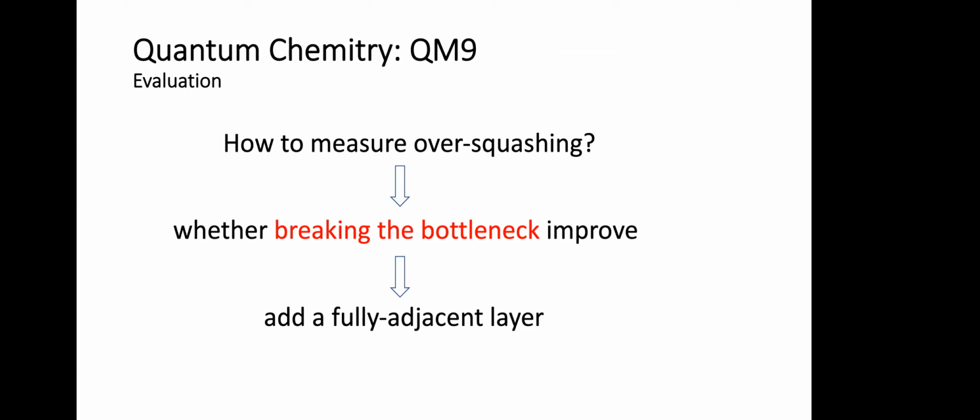They took the tuned models from the previous work and modified the adjacency in the last layer, which means given a GNN with K layers, they modified the Kth layer to be a fully adjacent layer, called FA. A fully adjacent layer is a GNN layer in which every pair of nodes is connected by an edge.